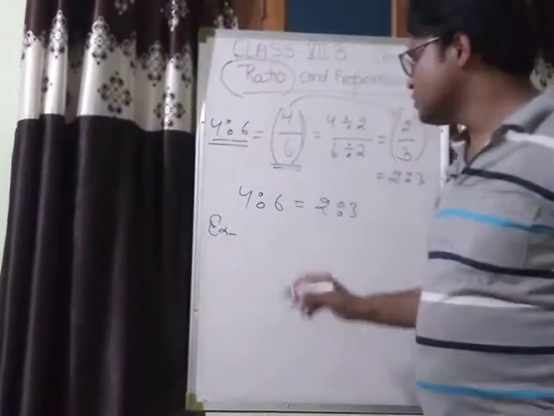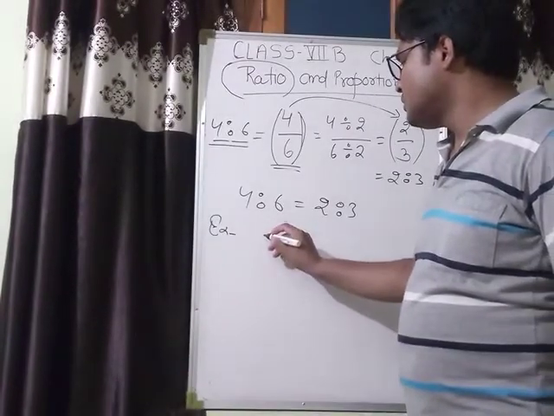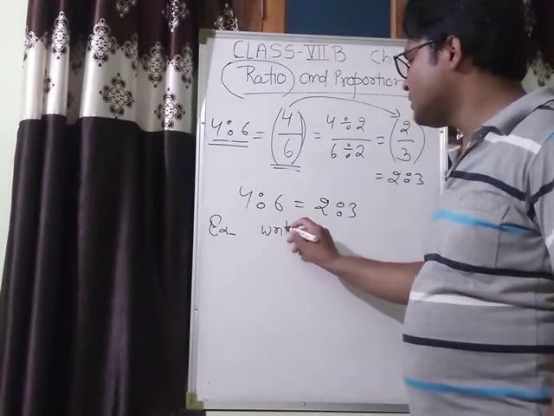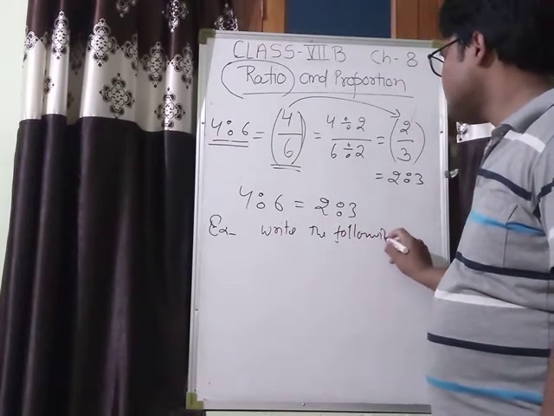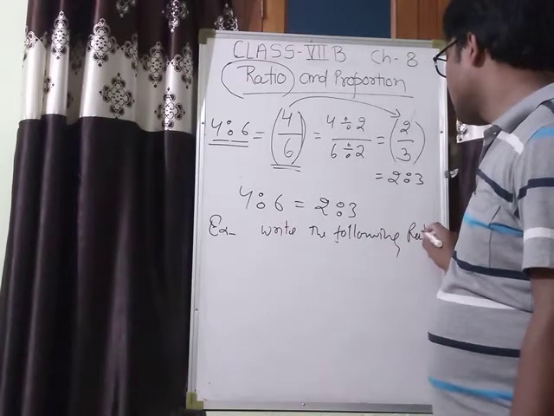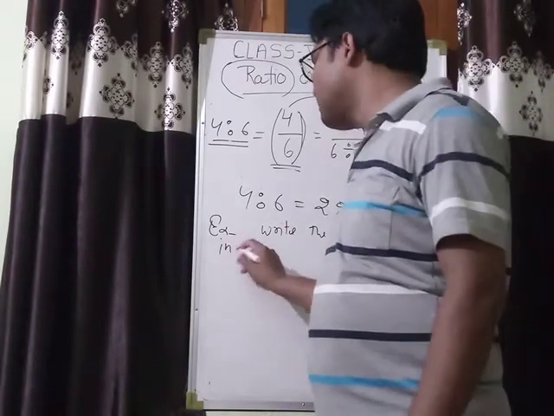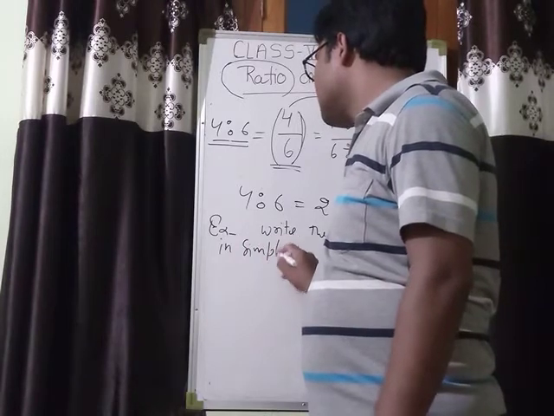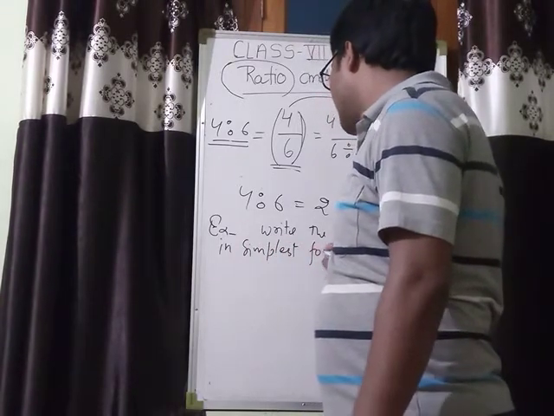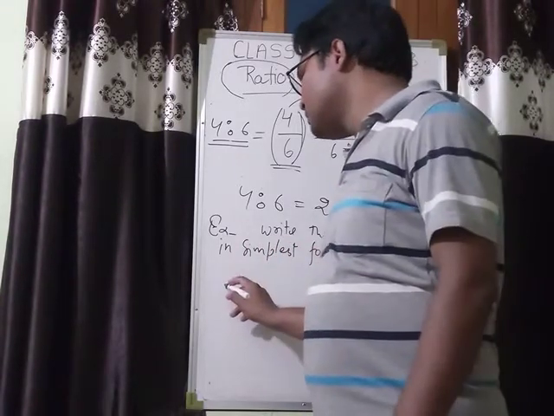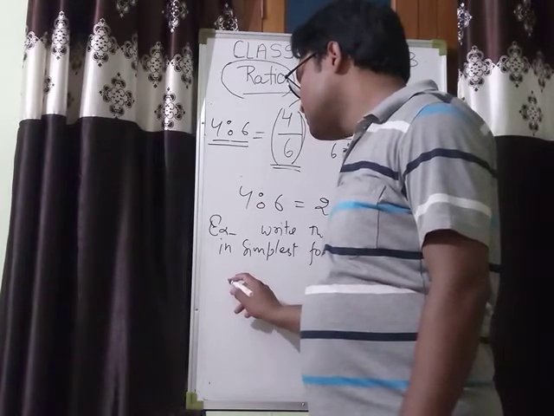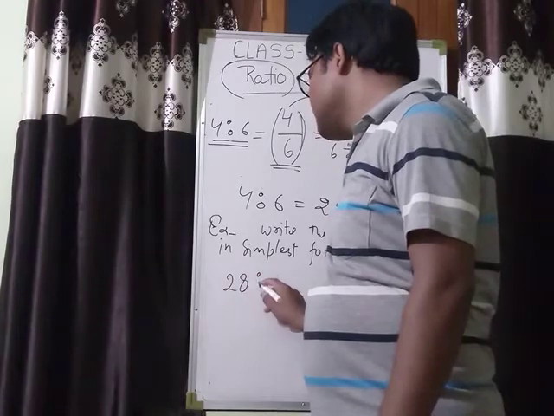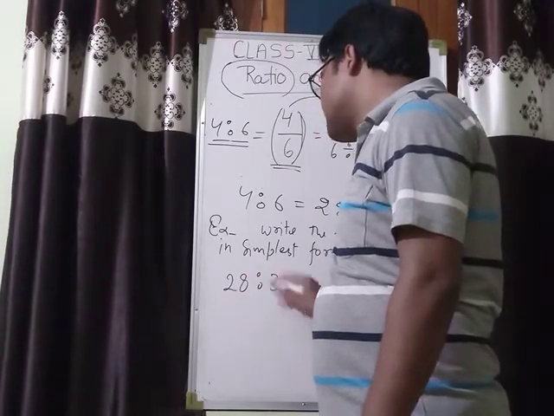If someone asked you to write the following ratio in simplest form, and we want to find out the simplest form of 28:36.